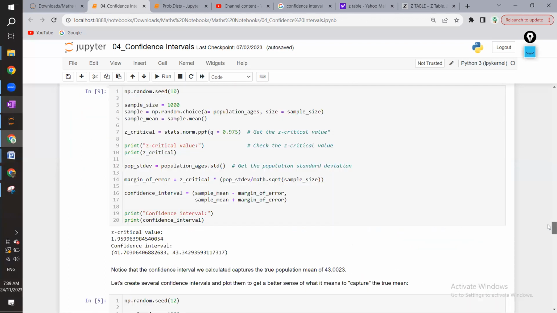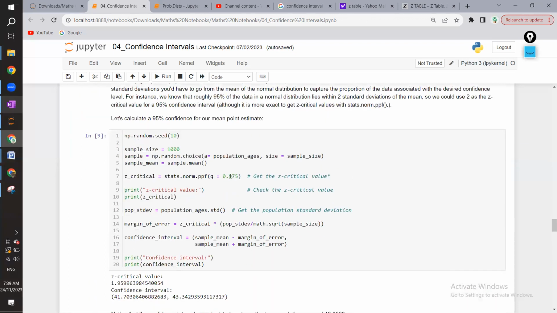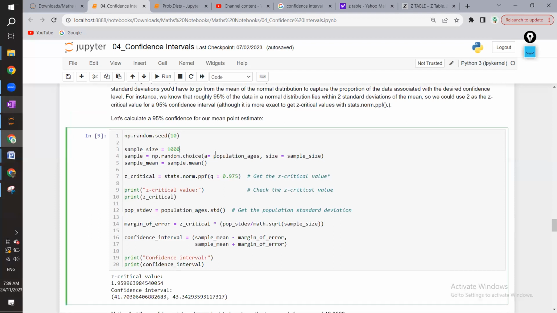Now what we are doing here is, from this population ages, I am taking a sample of 1000. The sample size is 1000, using random choice, and I am calculating the sample mean. What was the count of the population ages, guys?